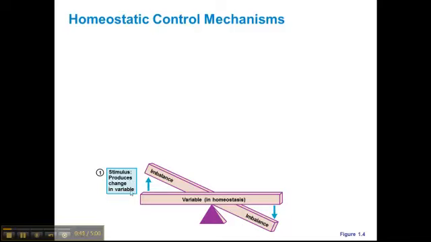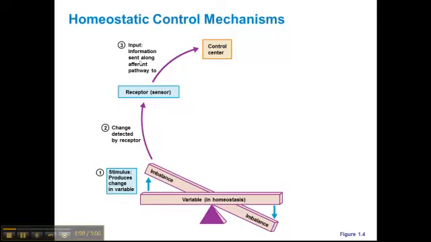That change that's producing the movement of the variable, that is our stimulus. Now the stimulus, or that change, is going to be detected by the receptor. This receptor in biological systems is usually some sort of sensory cell. That receptor will then communicate information through what's called an afferent pathway, sending that information to the control center.